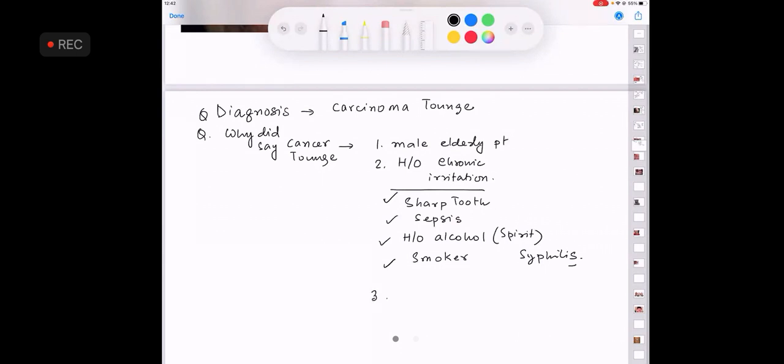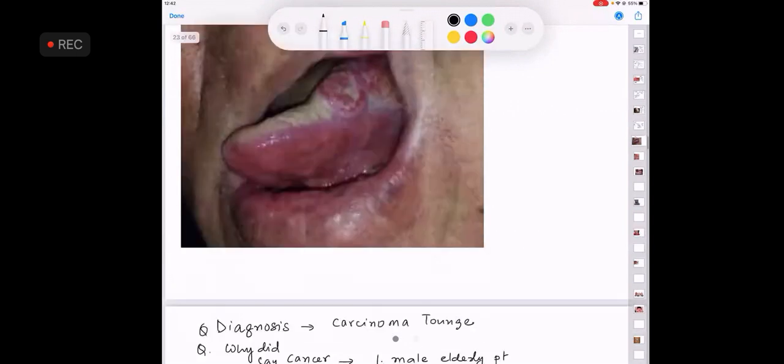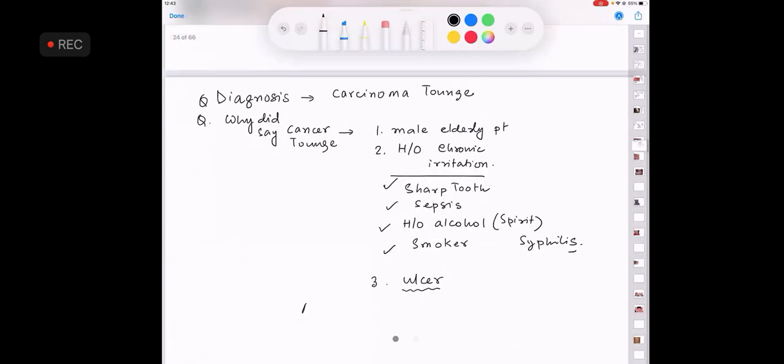The last point is, on examination the ulcer is seen, as you can see in the picture, in the anterior 2/3 of the tongue. The edge of the ulcer is everted.